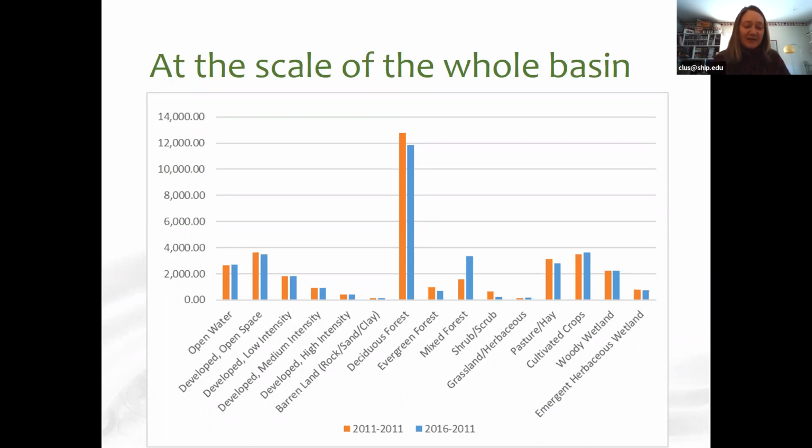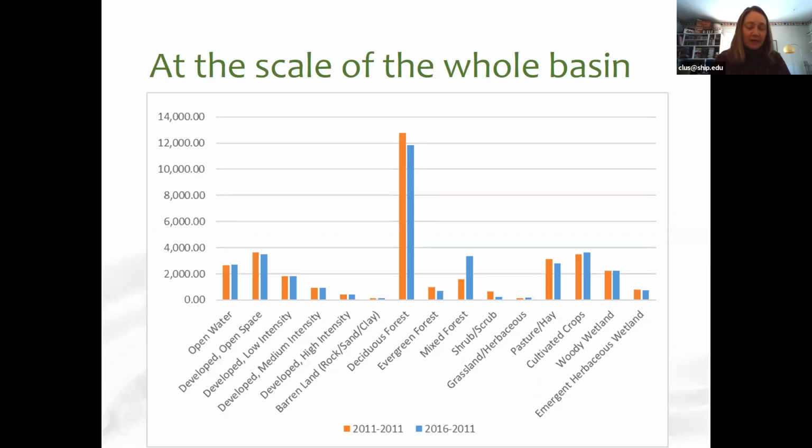And for the most dominant land cover type in the basin, that's deciduous forest, the estimate from the 2016 edition is more than 900 square kilometers lower than the estimate for the 2011 edition. So that's a difference of about 7%. The mixed class forest, on the other hand, is more than 2 times higher than it is for the 2011 edition. And so again, we see some of that class swapping.